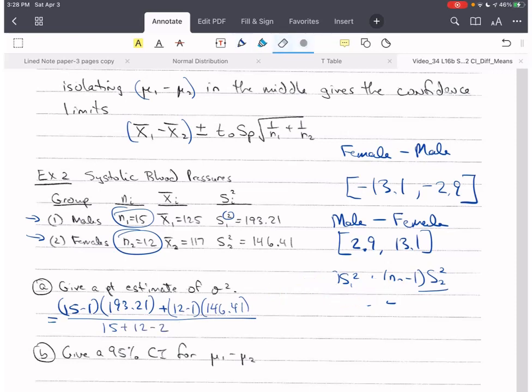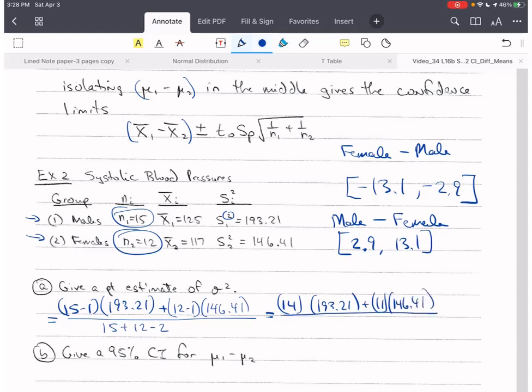I need to get rid of this so I have room to write. And this is going to be 14 times 193.21 plus 11 times 146.41 over, so this would be 25.